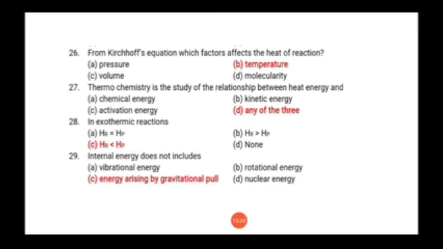So we do concern about these quantities in thermochemistry. So thermochemistry is the study of the relationship between the heat energy, and you can say any of the three. So the correct option of this question is option number D, that is any of the three.